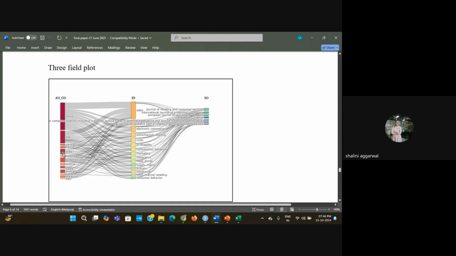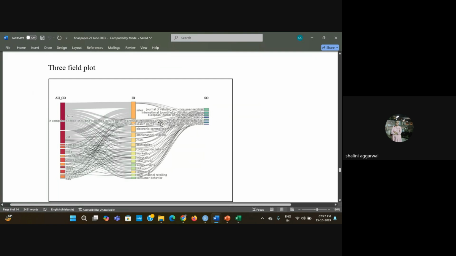Third is India. Next is United Kingdom. So you have to explain this 3-field plot with the help of the length of the rectangle. Similarly, this is the name, these are the keywords, and here is the name of the journals, right?